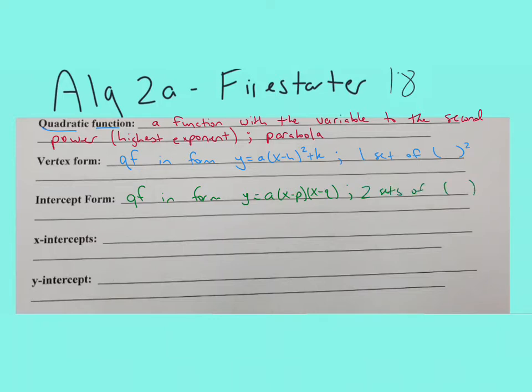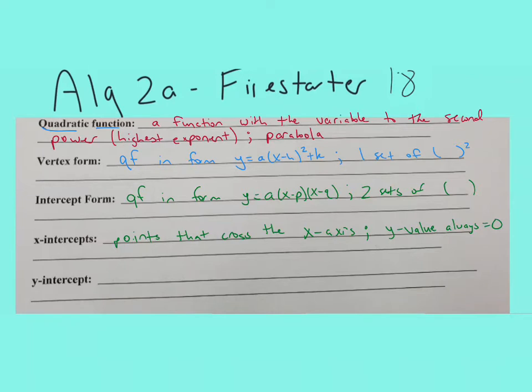Alright, x-intercepts are points that cross the x-axis. Basically, the y value always equals 0.